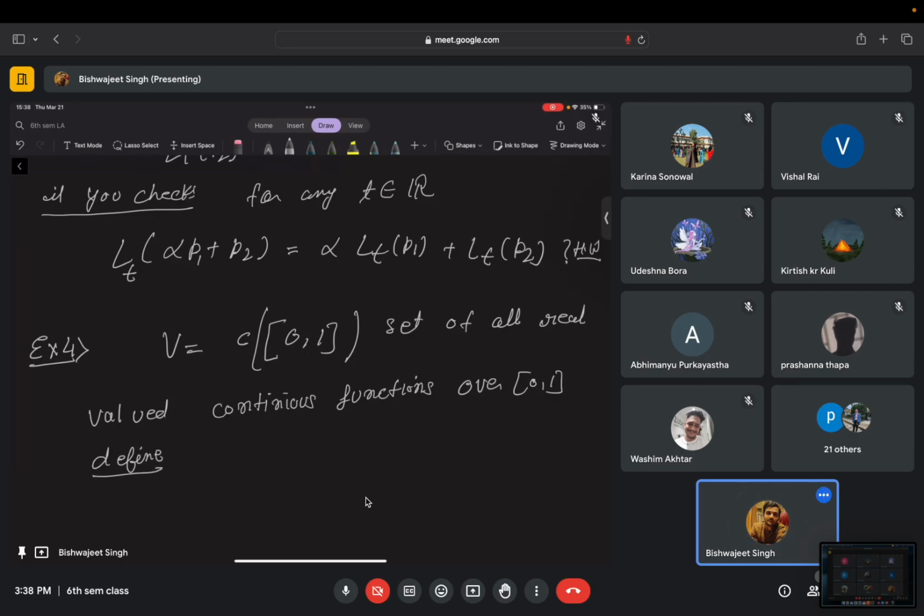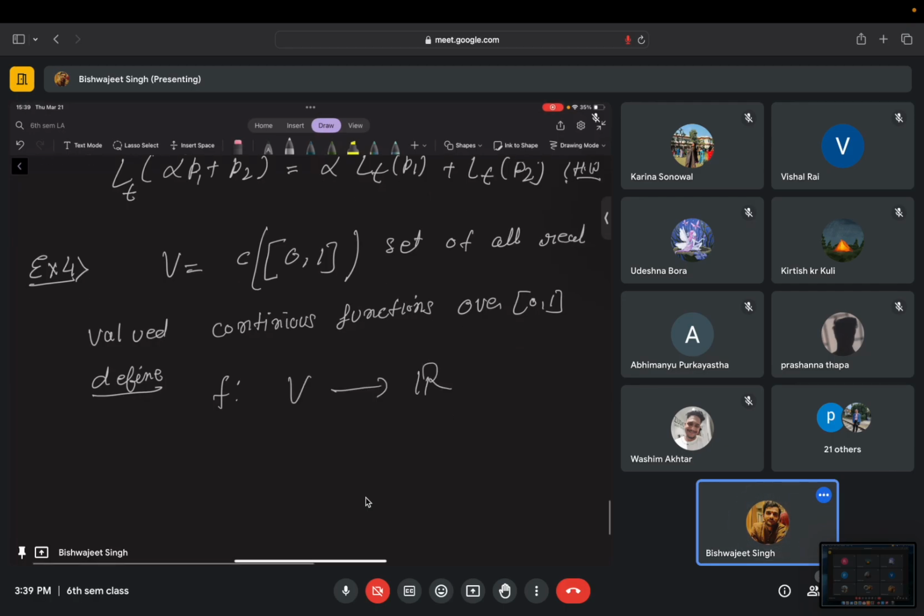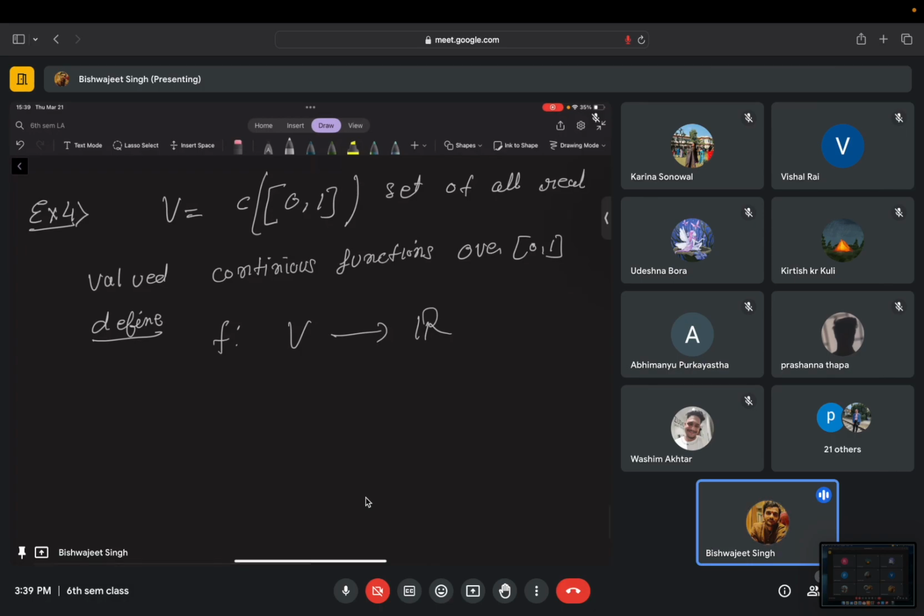So we got the set. Now to define a linear transformation, we need a function. Let's call it f, a linear transformation from V to R. And how is it defined?